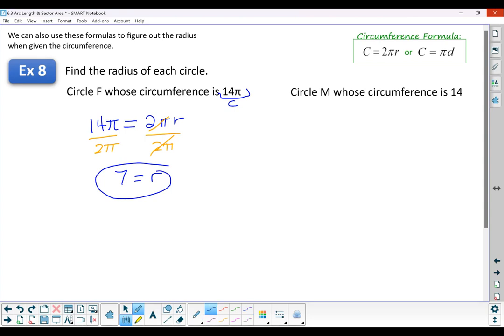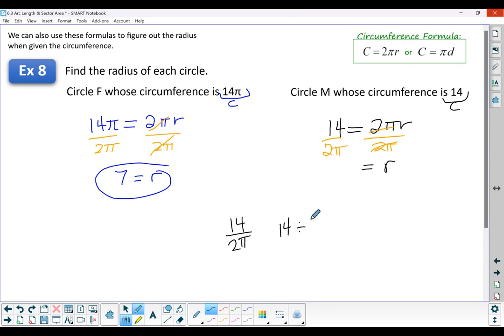The second circle has a circumference of 14, not 14 pi, but 14. So that's our C value. So 14 equals 2 pi r, and in this case, we also need to divide by 2 pi. Again, be really careful dividing with something like 2 pi. If you type in as a fraction 14 divided by 2 pi, that's fine.